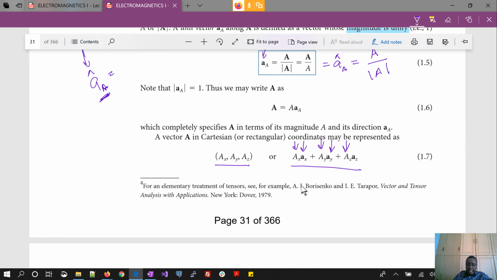If you are handwriting this, I want you to notice that you should write it as Ax, then ax as a unit vector with a cap, plus Ay ay cap, plus Az az cap.